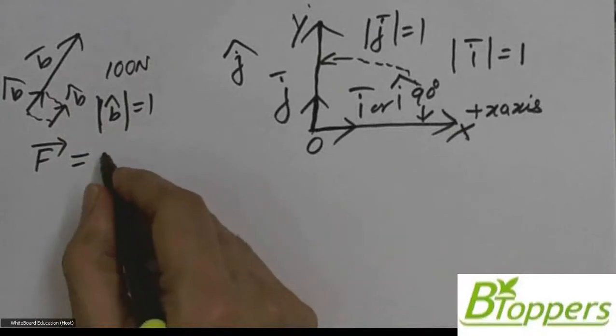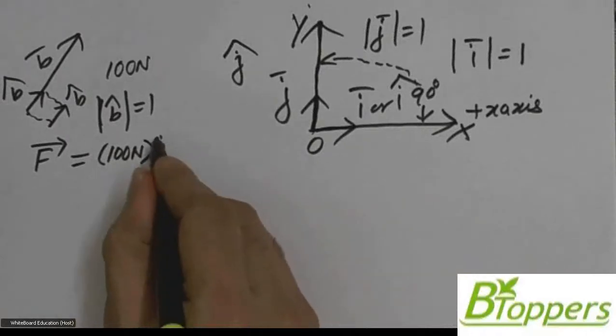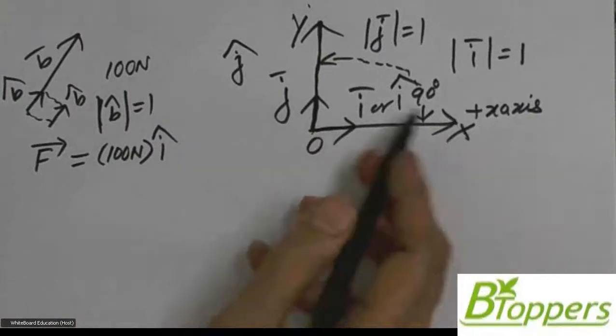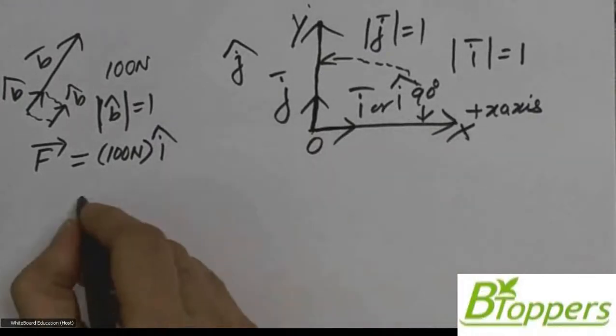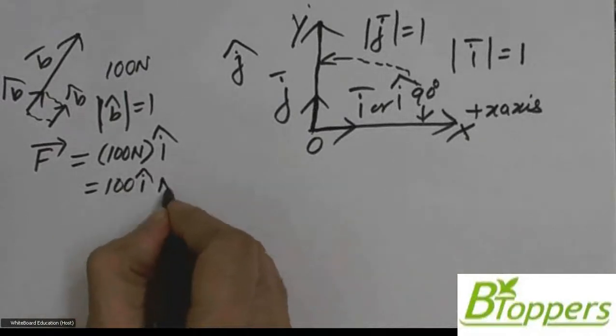So you can write F bar as the product of its magnitude and the unit vector in the same direction. The unit vector along the positive x-axis is denoted by I cap or I bar. So F bar can be written as 100 I cap Newton.